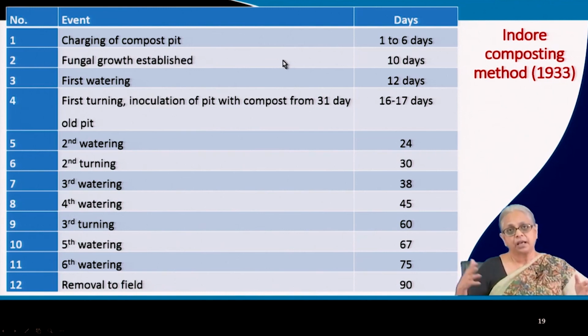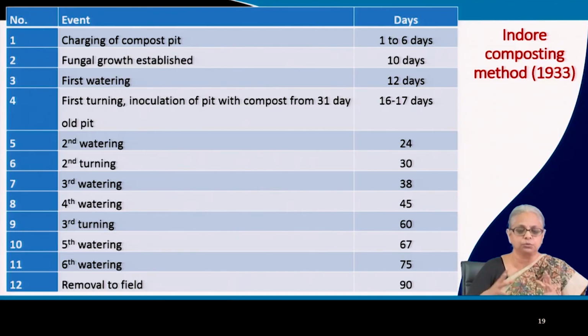During that period and for another 2-3 days, you allow fungal growth, which is natural. You'll find that happening anytime you try to do this, even in a vessel or any kind of container. So fungal growth will be established within 10 days. And you add some amount of moisture by sprinkling it with water, and that was done at 12 days.